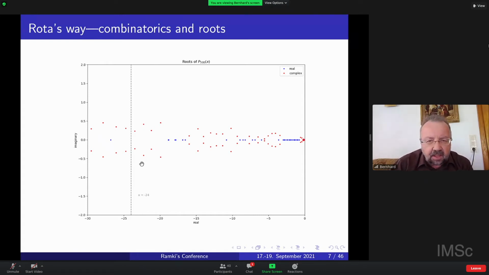And here you see minus 24 is surrounded by complex numbers, and so minus 24 is not a root, especially, but this is not the general picture. This could be the first guess, but there could also be, for some other degrees, blue dots around.